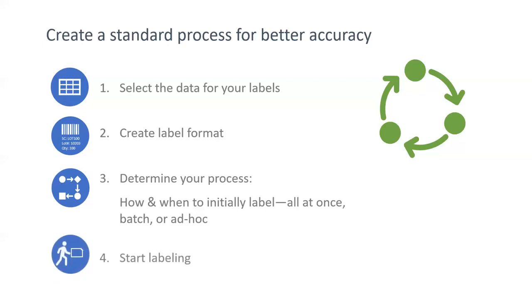The last thing we want to talk about is enforcing those labeling processes and getting started with that. Now that you've chosen a way to get your existing inventory labeled, you also need to define what the standard processes are for labeling that incoming inventory for both raw materials and finished goods.